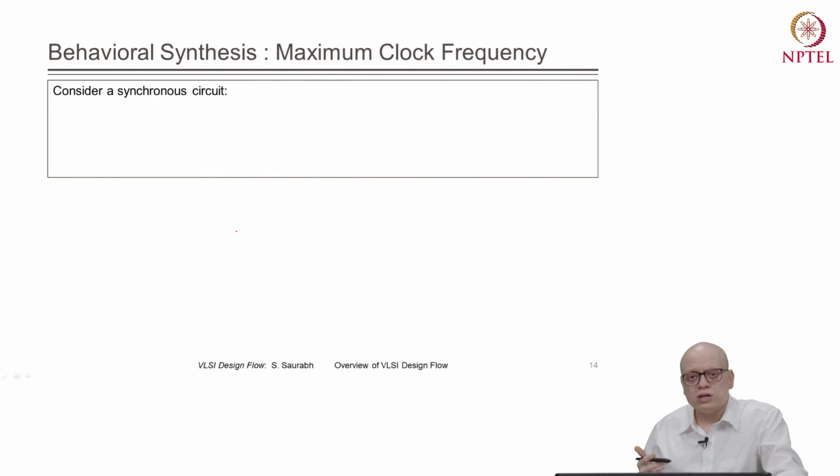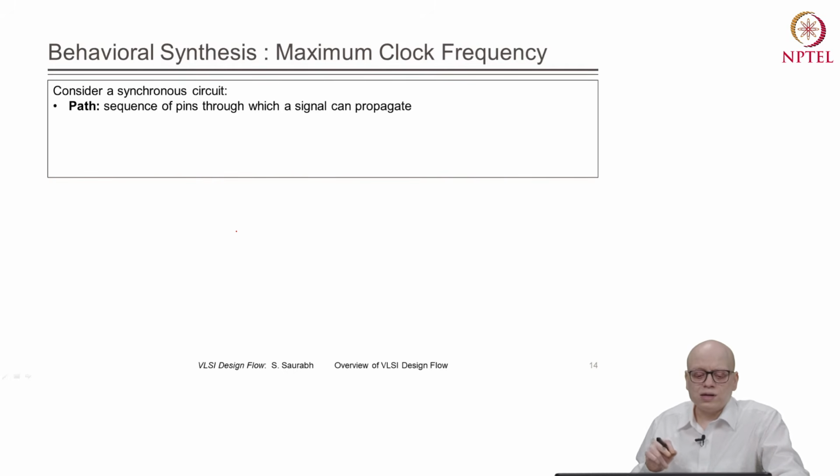In this course, we'll be mostly looking at synchronous circuits. So let's first assume that there is a synchronous circuit, and for that we look into a few definitions, and then we'll look into how the maximum clock frequency can be determined. In a synchronous circuit, we define what a path is, right. A path is a sequence of pins through which a signal can propagate.